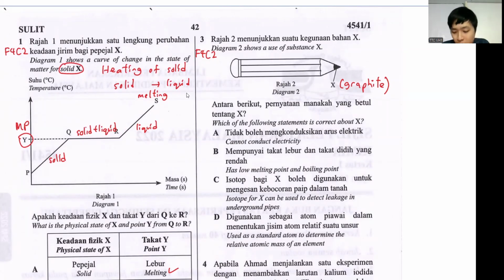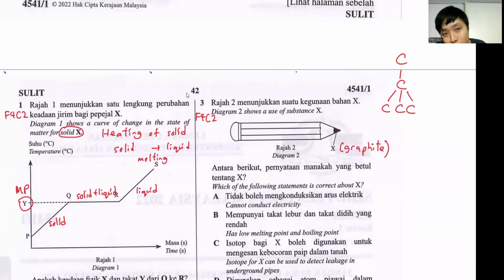But the problem is, as you learn in Form 4 Chapter 5, diamond has a very high melting point and boiling point, meaning diamond is very hard to melt. Why? Because diamond is made of carbon. Carbon has electron arrangement 2.4, which means carbon will share 4 electrons in this case.